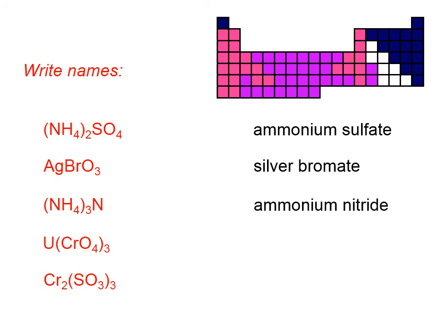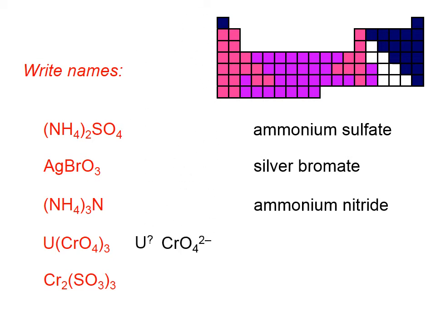Now, what about this one? On this periodic table in the upper right, uranium is actually not shown. It's down here in the F block. It's element 92. But all of those are variable charge cations, which means we need a Roman numeral when we write the name out in English. So that means that we need to find the charge on each uranium ion in that formula. So here's what we're going to do.